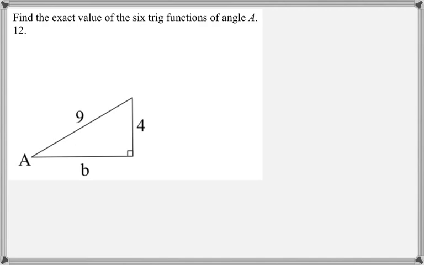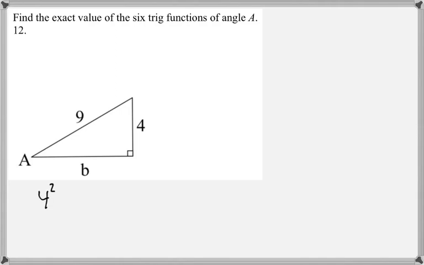For number 12 it says find the exact value of the 6 trig functions of angle A. Before we do this, we should try to figure out what side B is. So I want to use the Pythagorean Theorem. I know that a squared plus b squared is equal to c squared, and c has to be the hypotenuse. The a and b are the legs. So 4 is a.